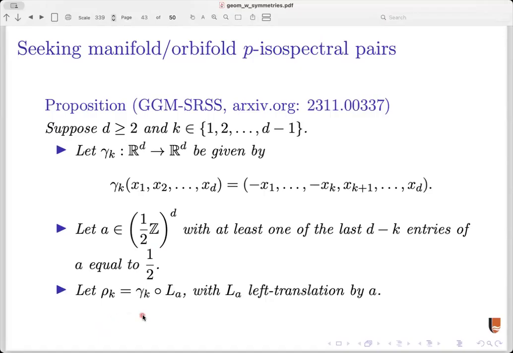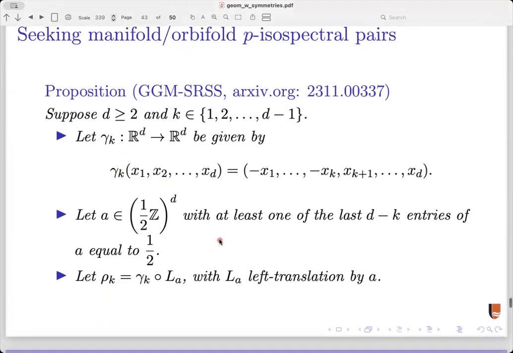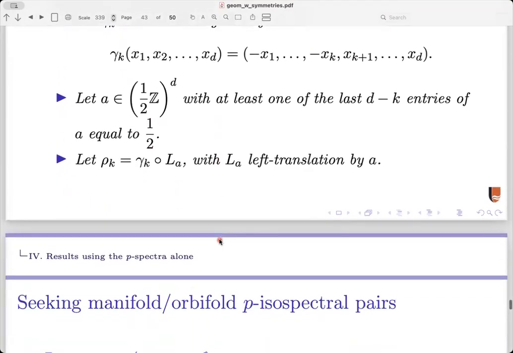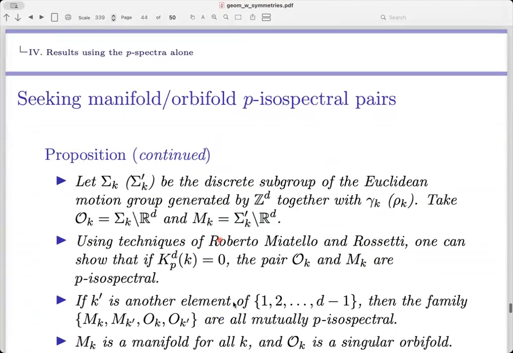And we'll take rho_k to be equal to gamma_k composed with left translation by a. So we'll translate, and then we'll hit the point by gamma_k right there. And I hope by looking at this, your intuition suggests that rho_k is fixed point free in a way, and gamma_k is going to lead to some fixed points, and that's true. But first, we need to get ourselves some manifolds and orbifolds to work on.